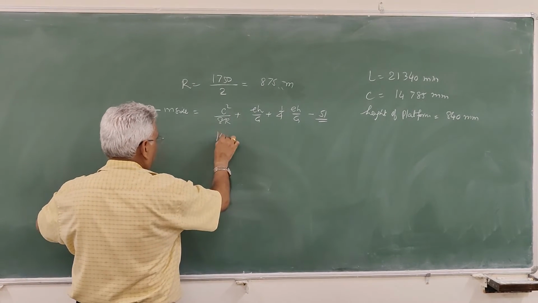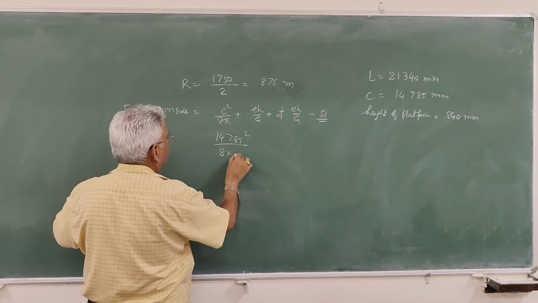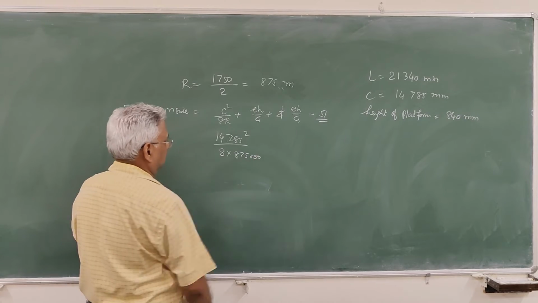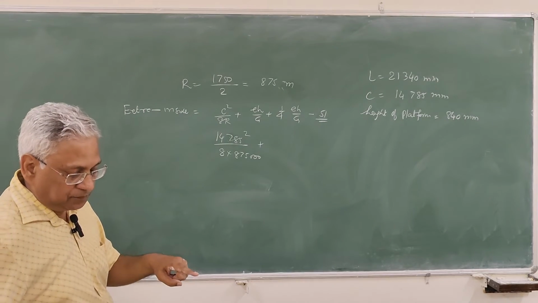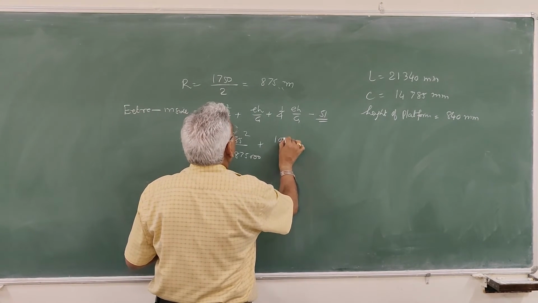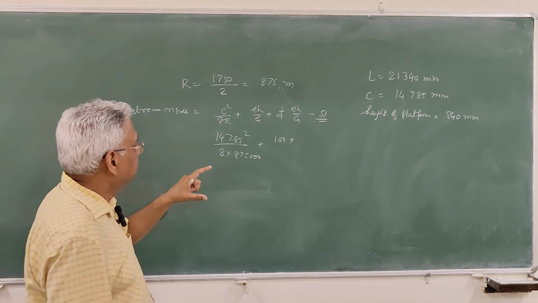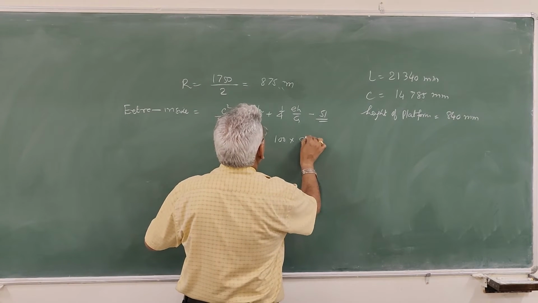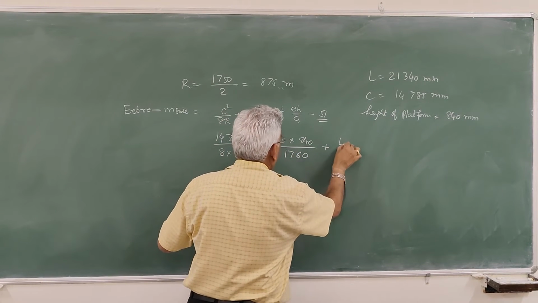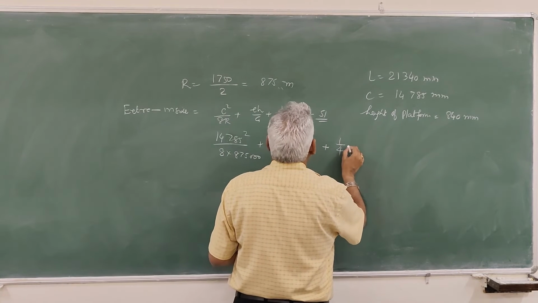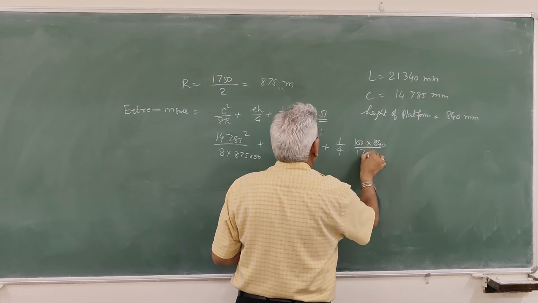C is 14,785 square upon 8 into R, 875,000 after converting into millimeter, plus super elevation is also given, 100 millimeter, so E into height of the platform, that is 840 millimeter upon 1760, plus 1 by 4 of this distance, that is 100 into 840 divided by 1760.